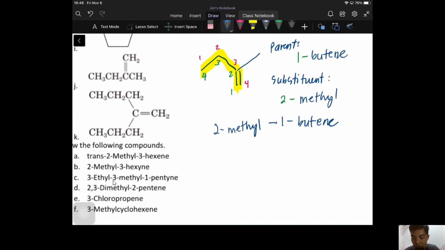Drawing natin yan. So ano meron dito? CH3, CH2, CH2, C. CH2, CH2, CH3. Parang tuloy-tuloy yan, no? Ito na sa taas. Ito yung double bond. Ito na sa baba. Okay. Ito ilang carbon to? 1, 2, 3, 4, 5, 6, 7. 1, 2, 3. 1, 2, 3.